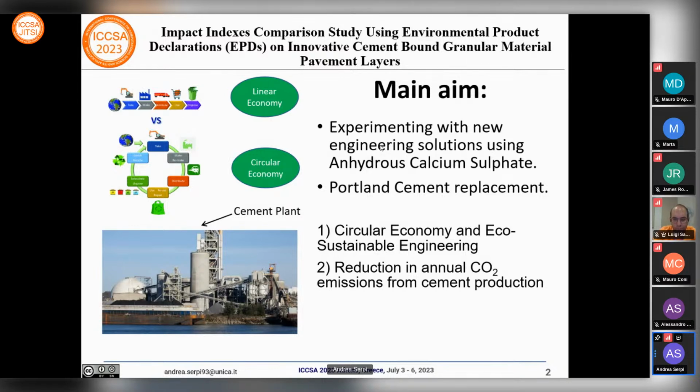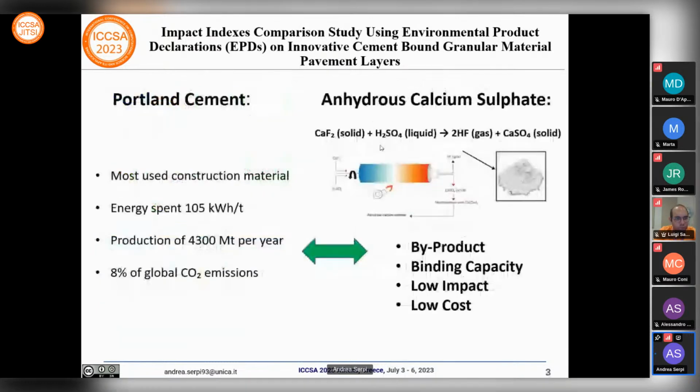This study marries the concept of circular economy and eco-sustainable engineering, aimed at reducing the annual CO2 emitted from cement production. Portland cement is the most widely used construction material in the world, and its production is crucial and critical to economic growth.